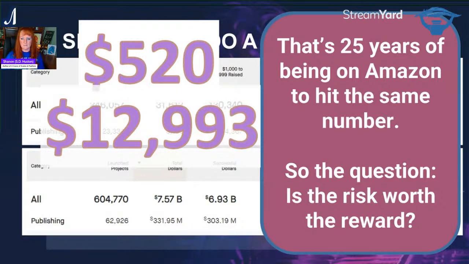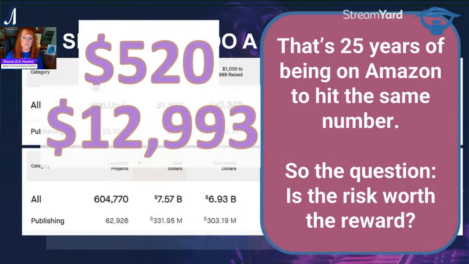If an average ebook is around $3.99, you're making $1 something. It would take a long time to hit that $520 versus the $12,993. So you're getting one lump sum up front versus waiting 25 years to hit that same number.